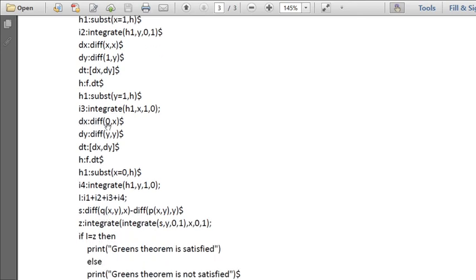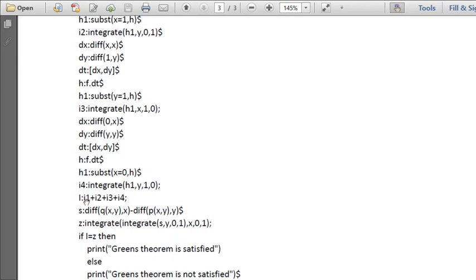Your dx is differentiation of 0 with respect to x, and dy is differentiation of y with respect to y. dt is list dx comma dy, and h is f dot dt, that is the dot product of list f with dt, so that you will get pdx plus q dy stored in h, but you need to make substitution of x equal to 0 in this. Therefore all the variables x will go off, and you will get a function involving variable y. Now integrate this with respect to y, where y runs from 1 to 0. That is your line integral over C4.